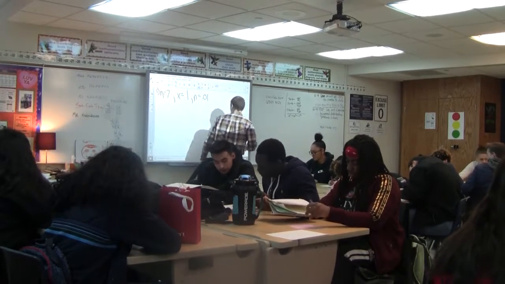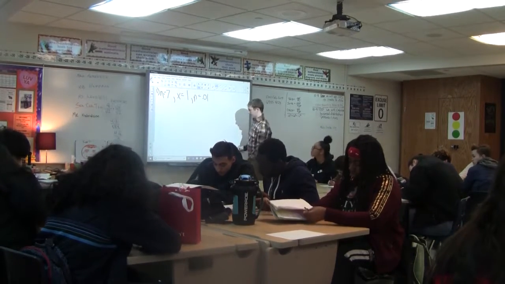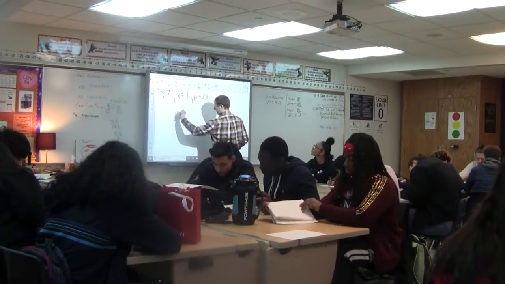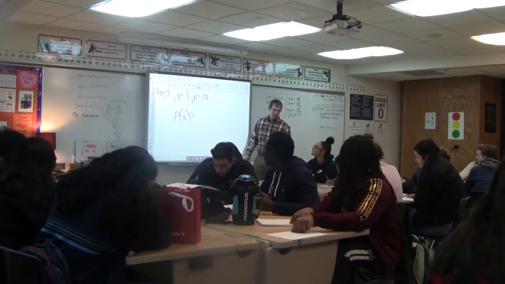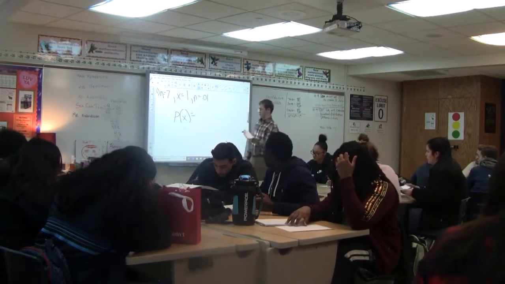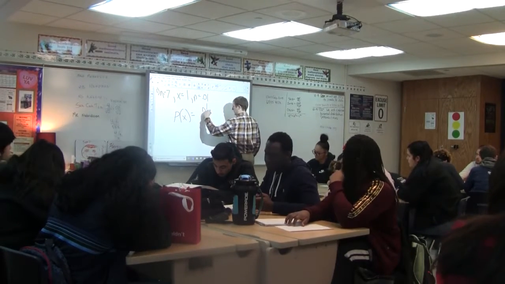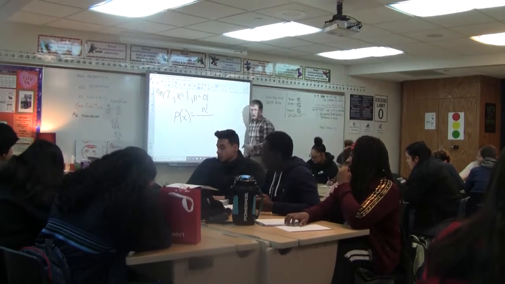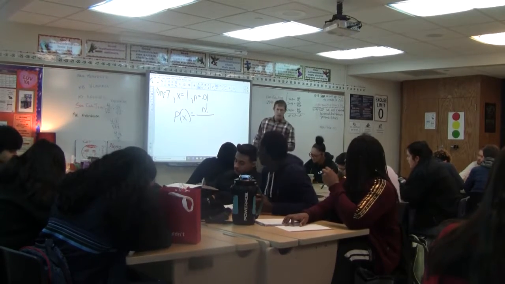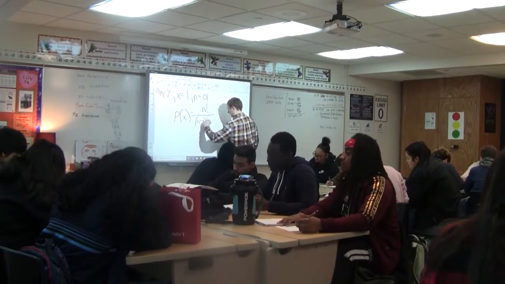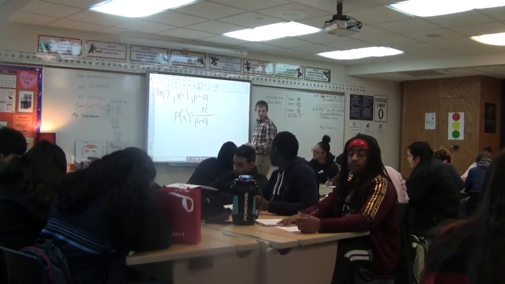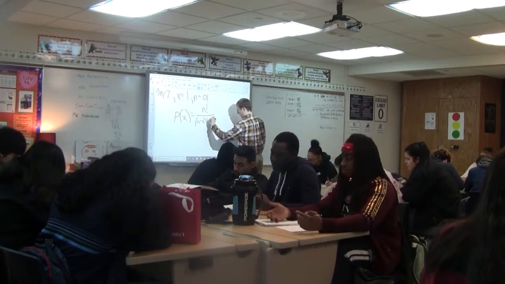Good. So our formula, let's look. P of x equals, what's the first term? n factorial over n minus x factorial in the denominator. Good. x factorial here.